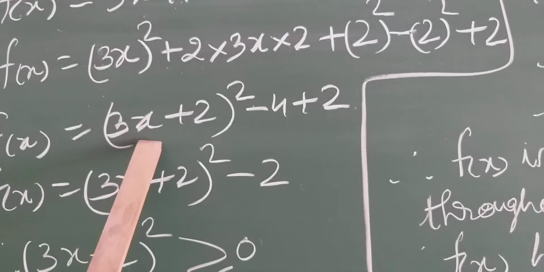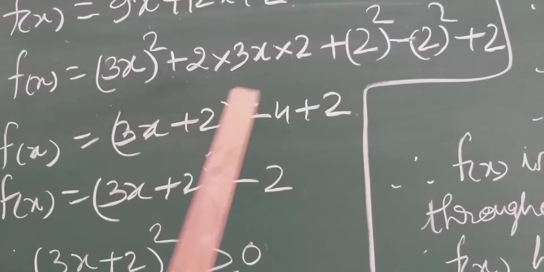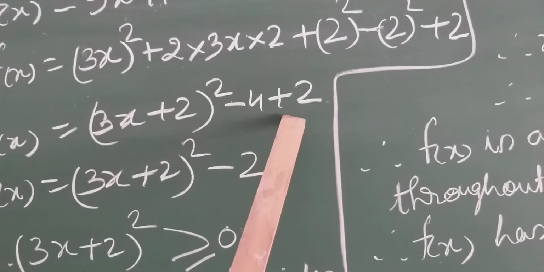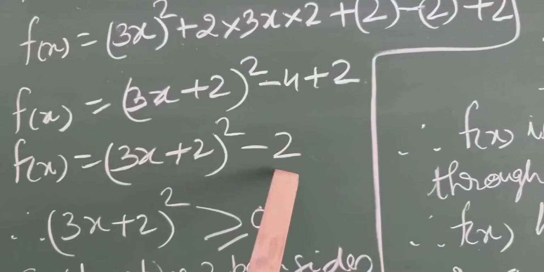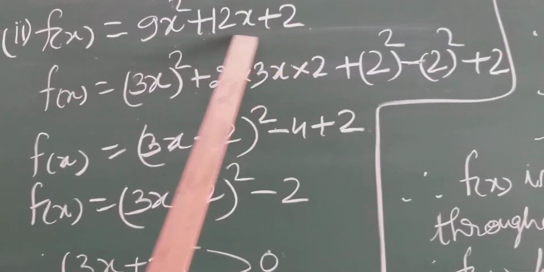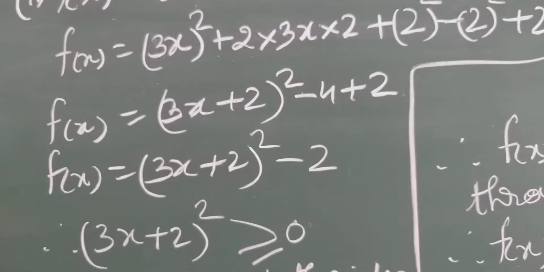The a value is 3x, the b value is 2, so it will be (3x plus 2) whole square, and it equals minus 4 plus 2. Okay students, so minus 4 plus 2 is minus 2. So we have changed our polynomial into a whole square.